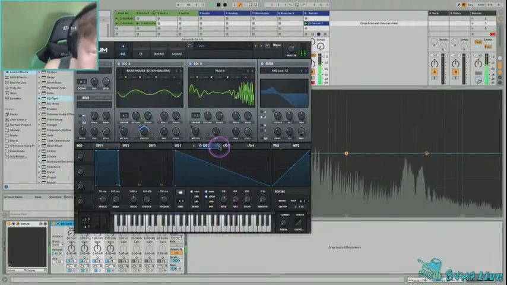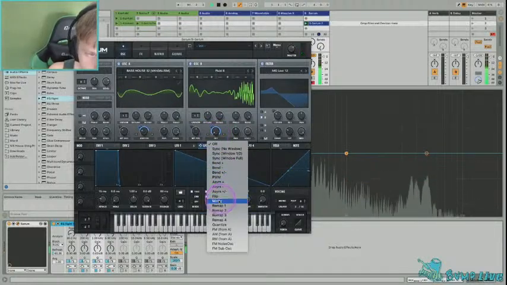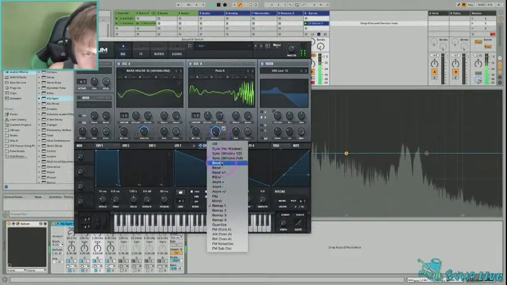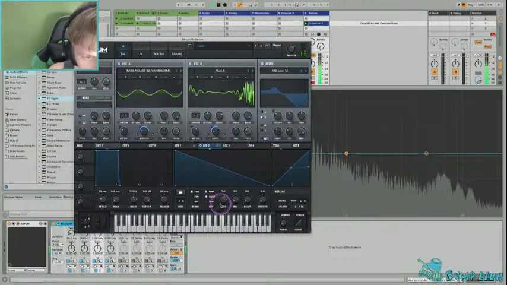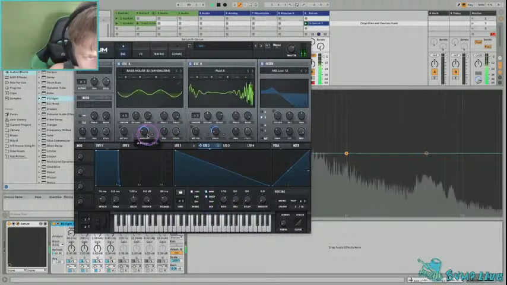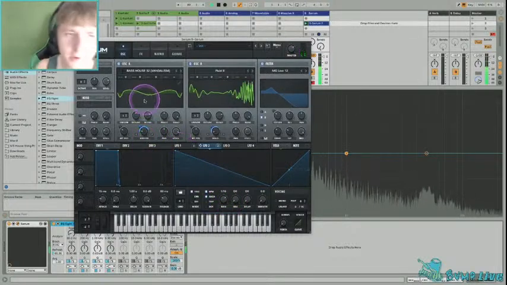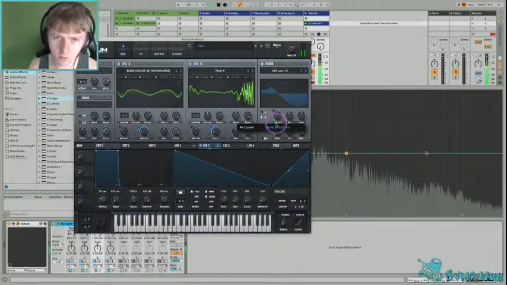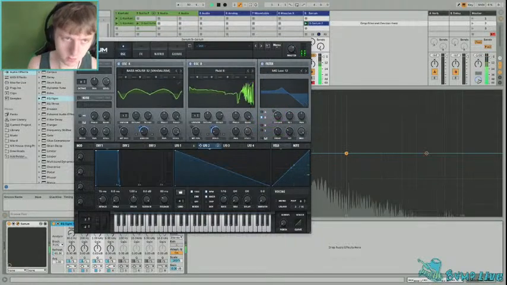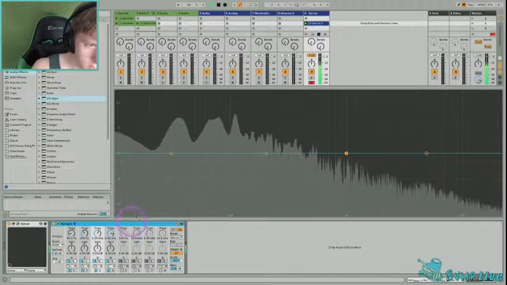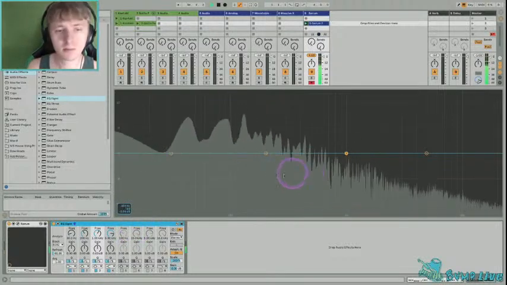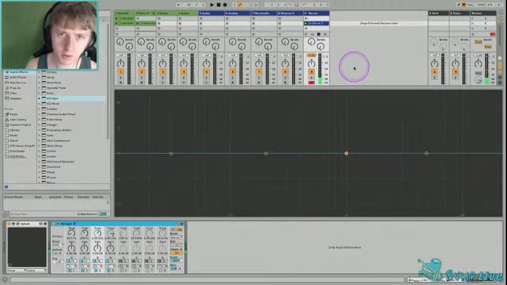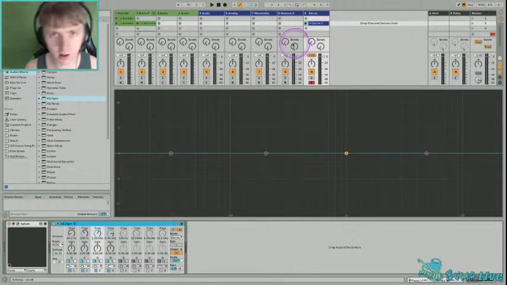Maybe if I apply it to the other waveform as well. There we go. And you can see it just gets really complex really fast on the EQ. But that's just a little sneak peek there.